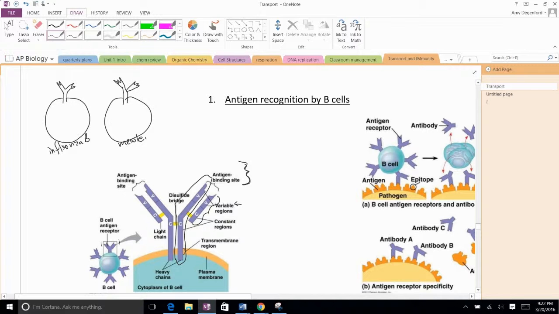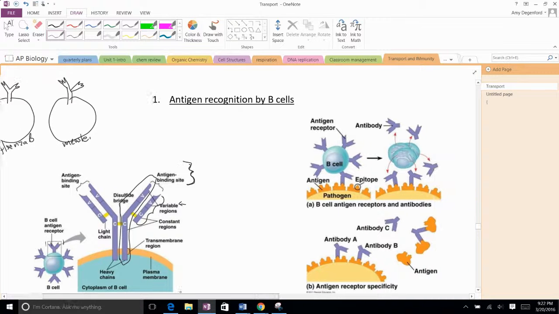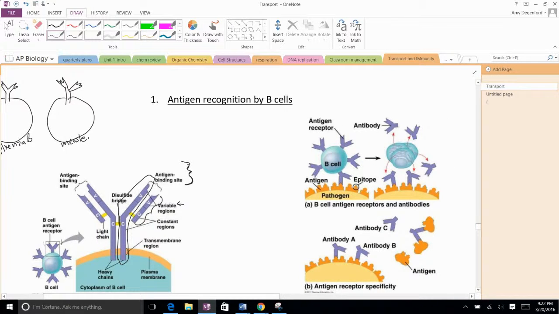And that would create the receptor. They are similar in shape to the antibodies that are released by B cells, but you'll notice that they are anchored. So down here on the transmembrane region, the receptor is anchored to the membrane, whereas the antibodies are released.